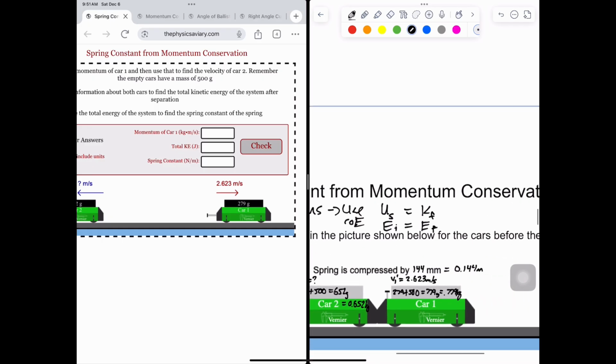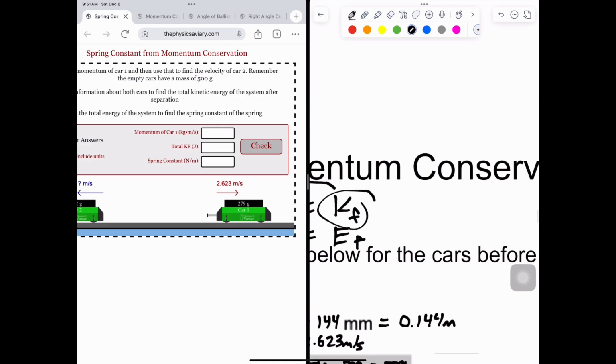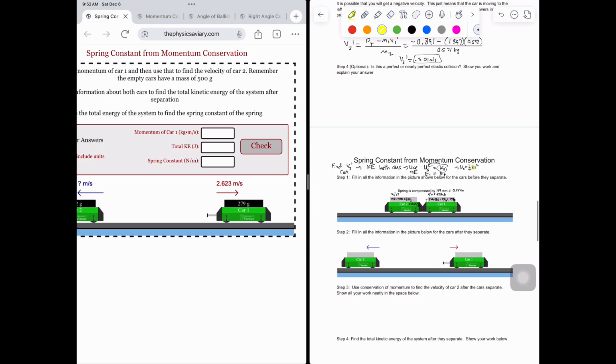So you can set the final kinetic energy equal to the initial potential energy, and we know that the spring potential energy is 1/2 kx squared. So that, guys, is how we can solve for k, the spring constant. So that's going to be our plan in terms of how we're going to attack this, okay?